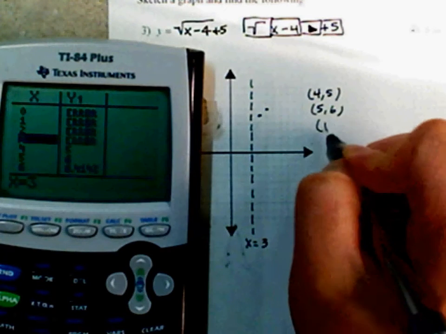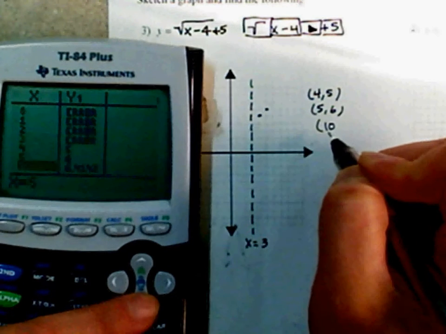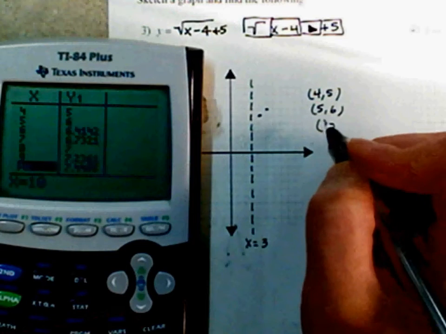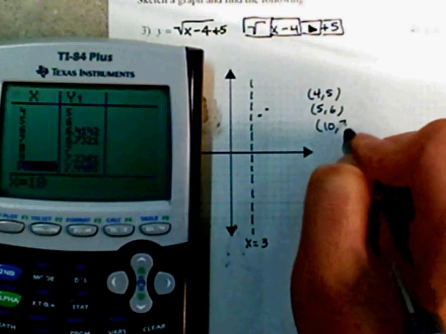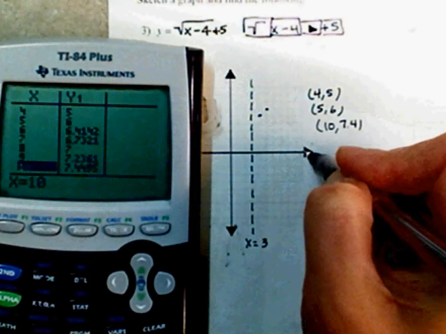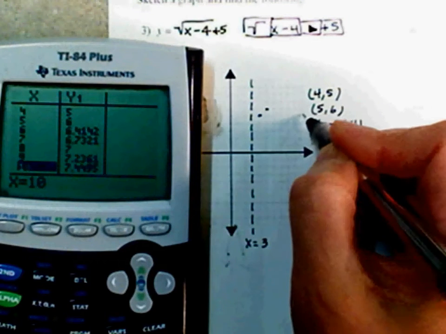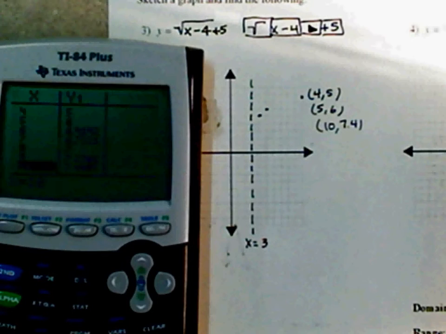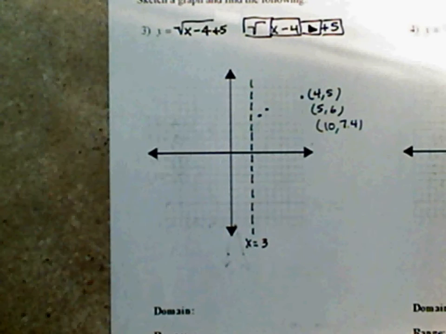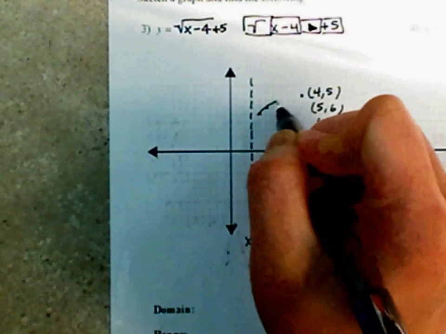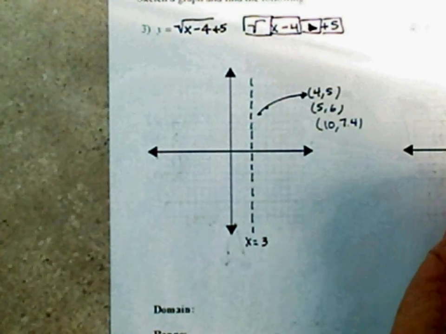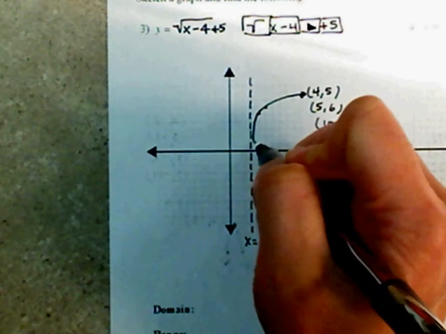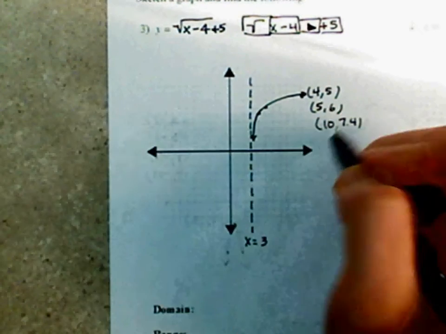What is your 10? 10 is at 7.4. So go to 10 and you go 1, 2, 3, 4, 5, 6, 7.4. Remember doing that? All right. Plot those points. Graph. Don't forget to add a tail.